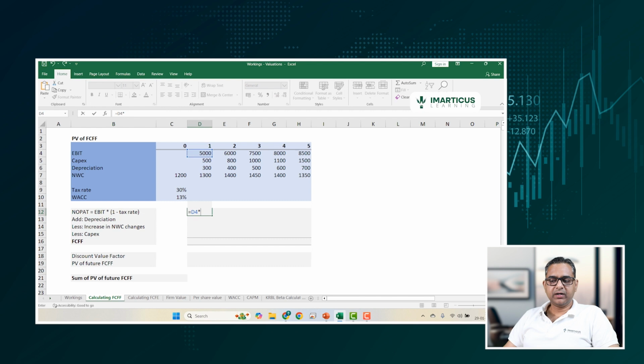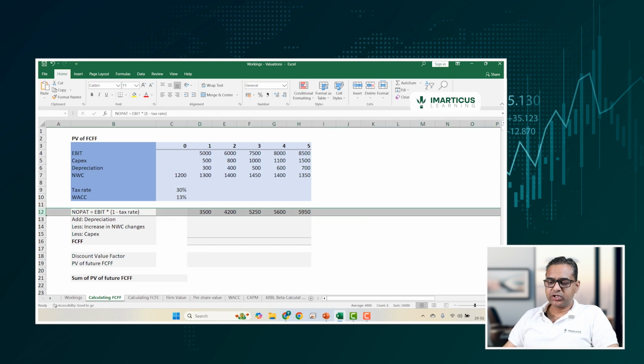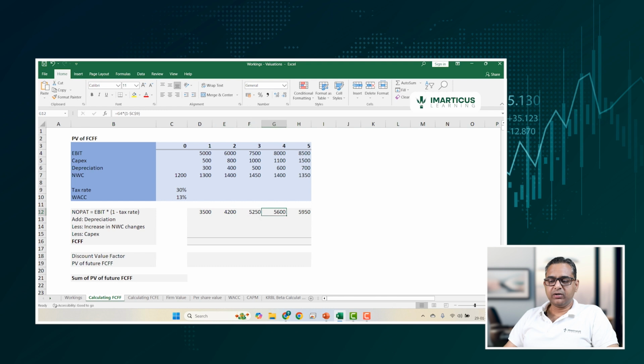So 35%, EBIT is 5,000, but after paying tax, what we are left with is only 3,500. And so future NOPAT, future net operating profit after tax, is coming out to be these values. In this, we will add back depreciation because depreciation is a non-cash expense. Cash has not gone out, it is just an accounting entry. So the cash is still with us. That's why we are adding it back, because it was already deducted while calculating EBIT.